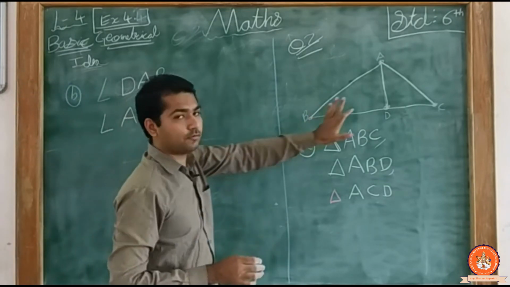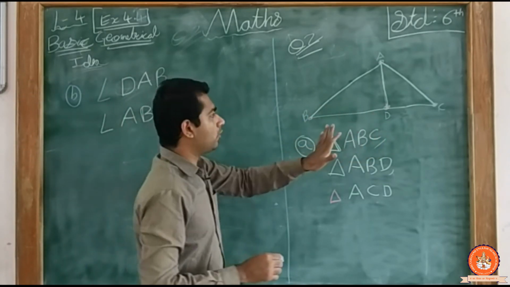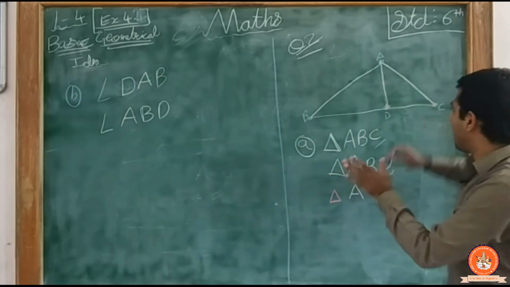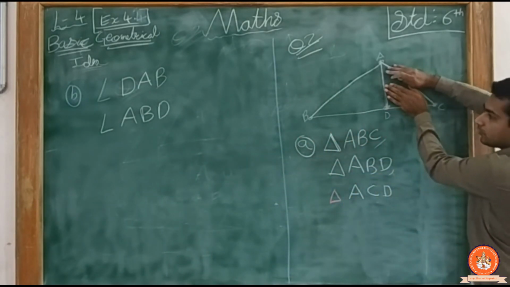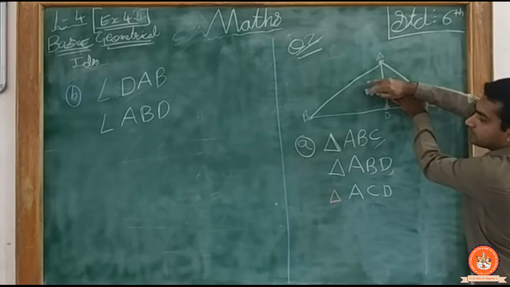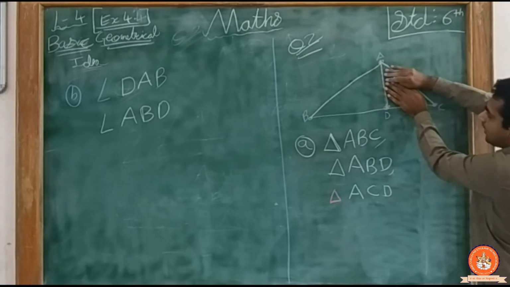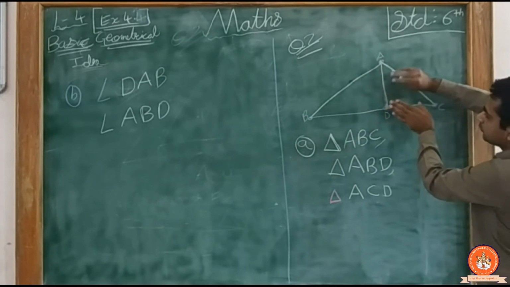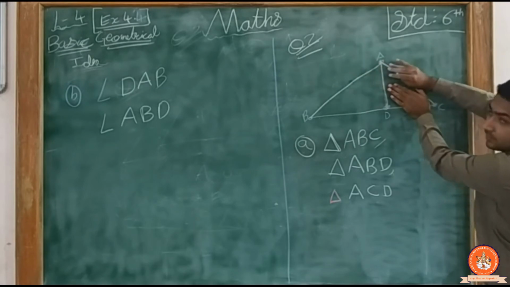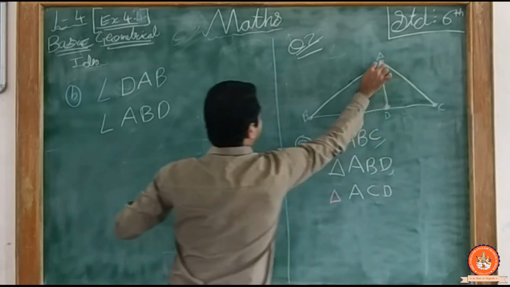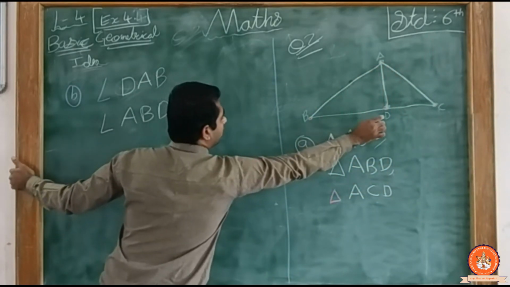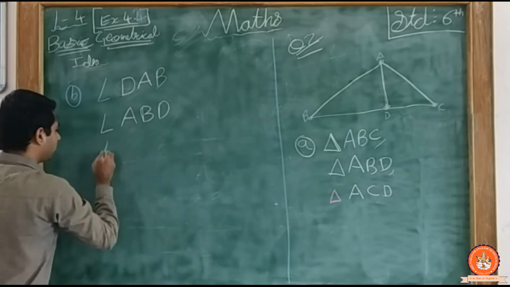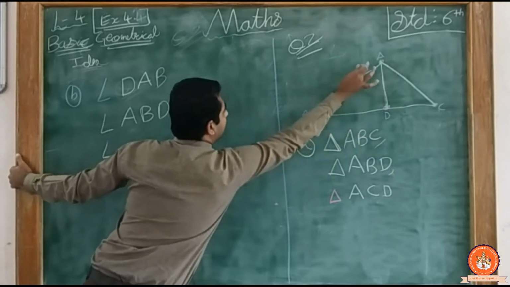Initially when you are writing these angles, what you have to do? First of all, you have to hide this one. Okay, so it is easy for you to write the angles for this triangle. You have to hide this much. Only you should see these 3 sides only. Clear? So first I take this one, then this one. Now coming on this D angle, so angle BDA.